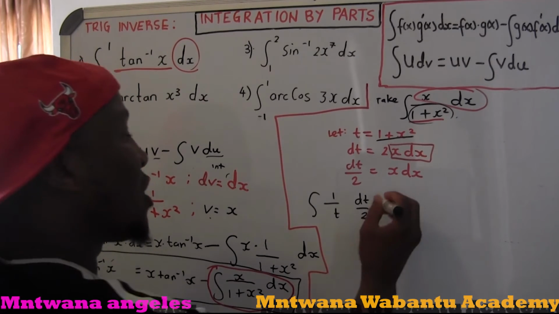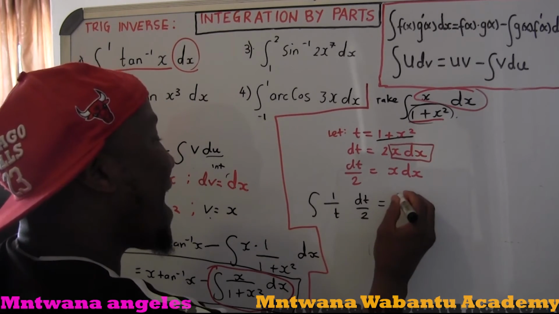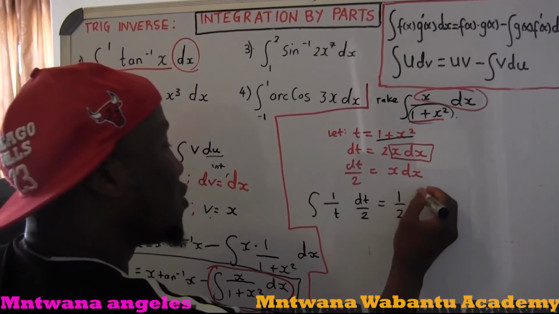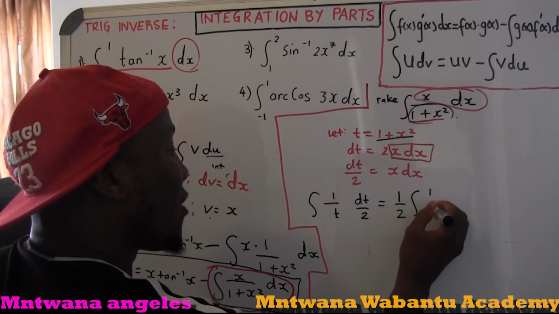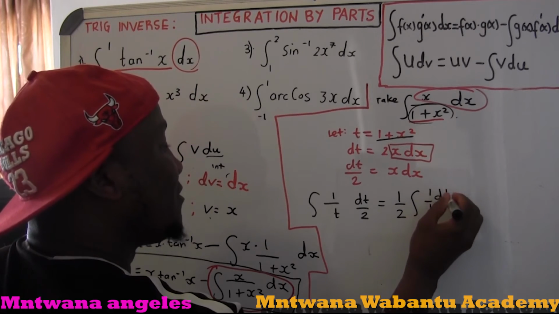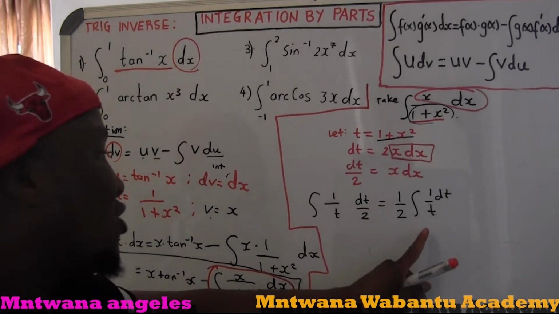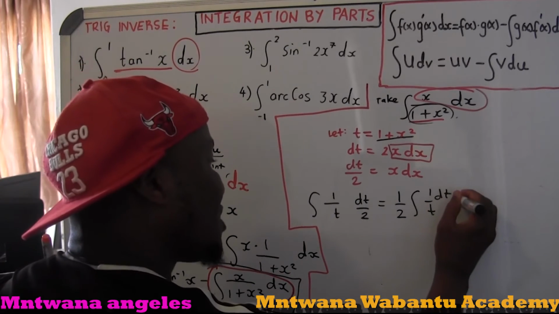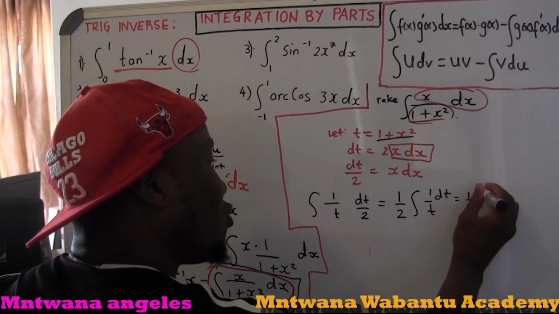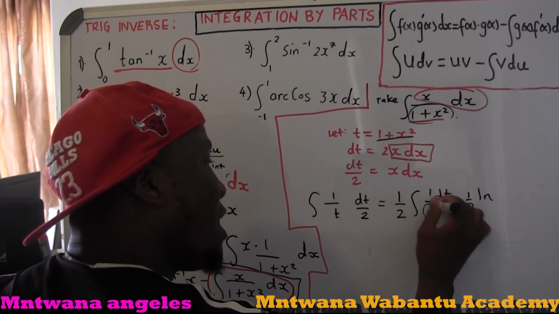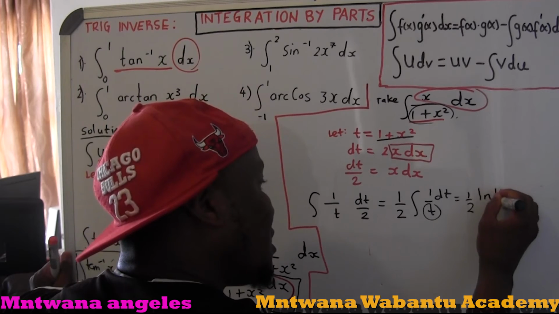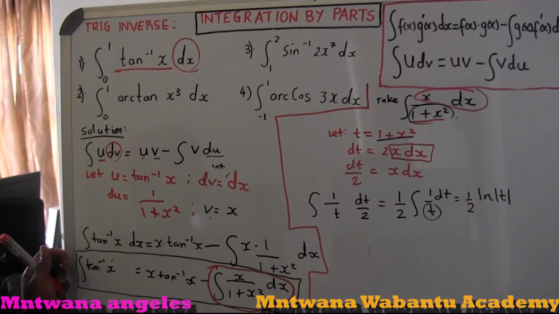Now I'll take the half back: 1 over 2 comes in front, and then the integral of 1 over t dt. When you integrate 1 over t, you get ln of whatever you have here. So 1 over 2 ln of absolute t.